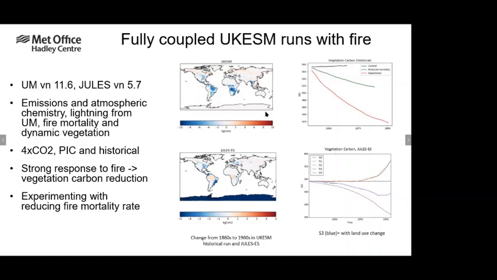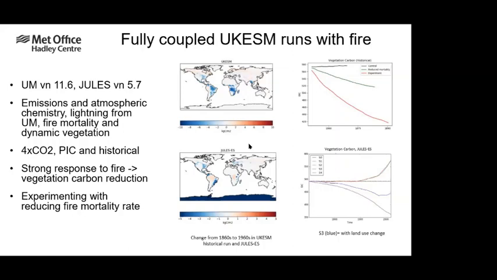The top plot is showing the change in vegetation carbon from UKESM from the 1860s to the 1960s, and then as a comparison, the change in the offline JULES runs. A few things to note. Firstly, that it's working, so it's doing what we would expect.